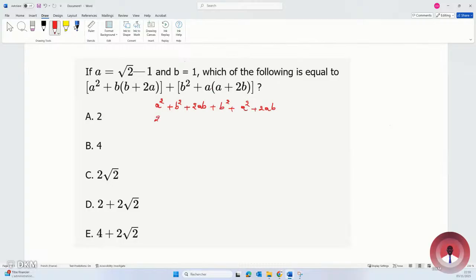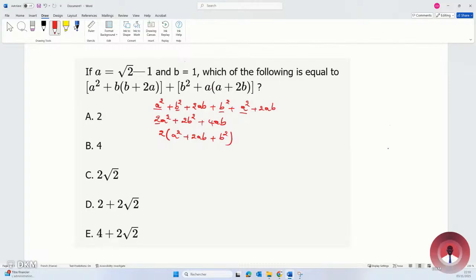So we have 2A square, and here we have 2B square, and then plus 4AB. This can be equal to 2 factor of A square plus 2AB plus B square.